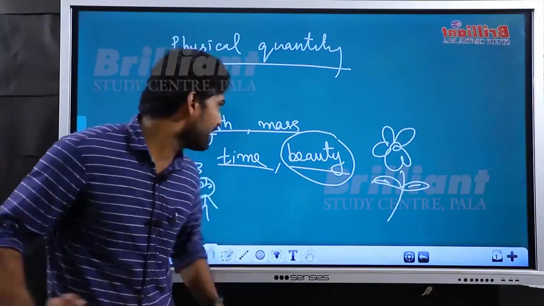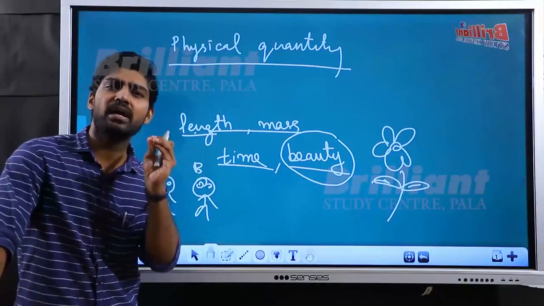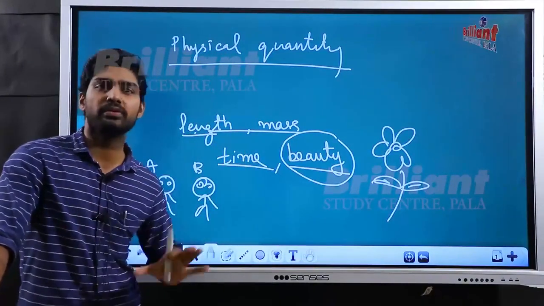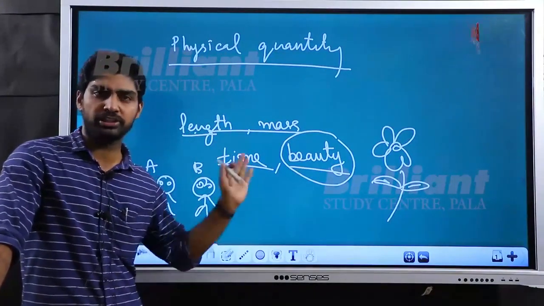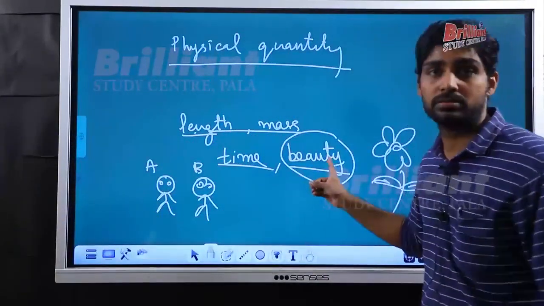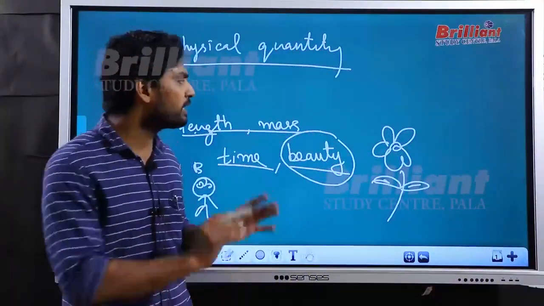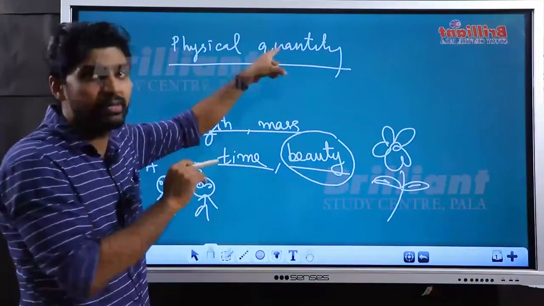So we can say length, mass and time can be measured unambiguously. That means there is no confusion between different observers while measuring length, mass, time or current or anything. But beauty is not easily measurable, because that is how we define a physical quantity.